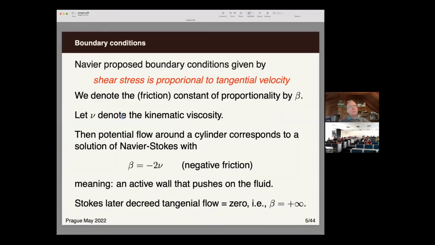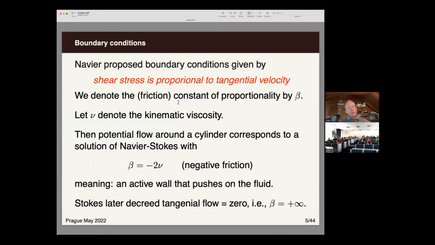So what was missing in Euler and D'Alembert's time are boundary conditions. Navier proposed boundary conditions. Remember, Navier came before Stokes. Navier proposed that the shear stress on the boundary should be proportional to the tangential velocity. So he said there would be a coefficient of friction.